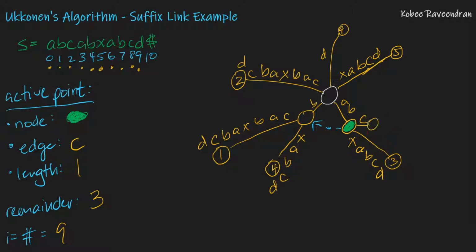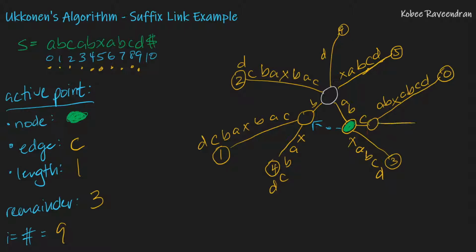So I make a new internal node. Before, I had A, B, X, A, B, C, D. Let me check that's right. ABC, ABX, ABCD. Yep. And its value was the same as before, 0.